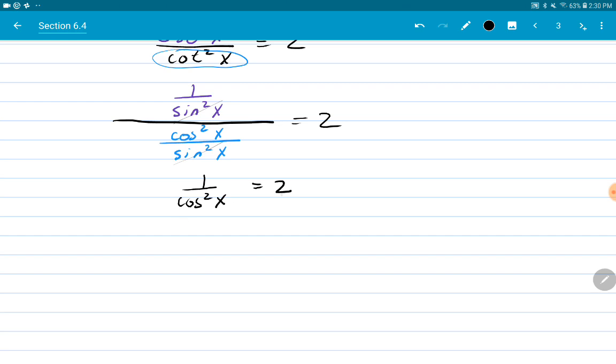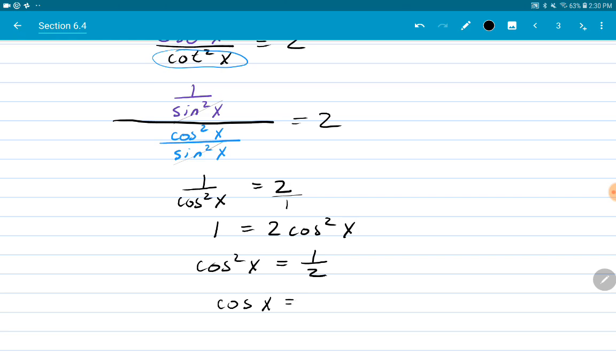So if I cross multiply here, then I get 1 equals 2 cosine squared x, which will give me 1/2. So cosine squared x is 1/2.